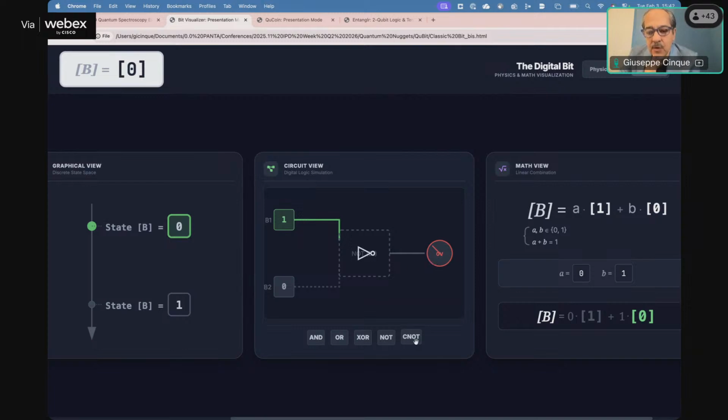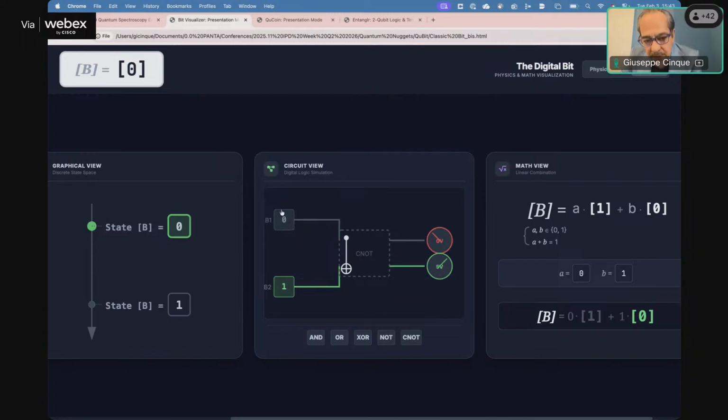Another one that is not so famous in classical circuits, but is important for qubits, is the CNOT, the controlled NOT. It acts as a NOT on the second line if the control signal is on.